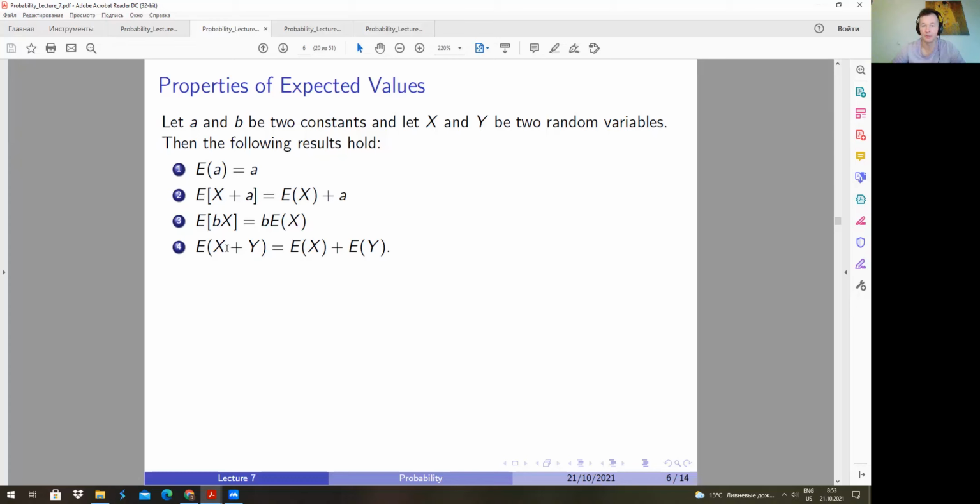But be careful, for a product of two random variables, the expectation of the product is not equal to the product of their expectations, never. So we will speak about this later when we speak about joint distributions of random variables. So only this holds, only the expectation of a sum equals the sum of expectations.